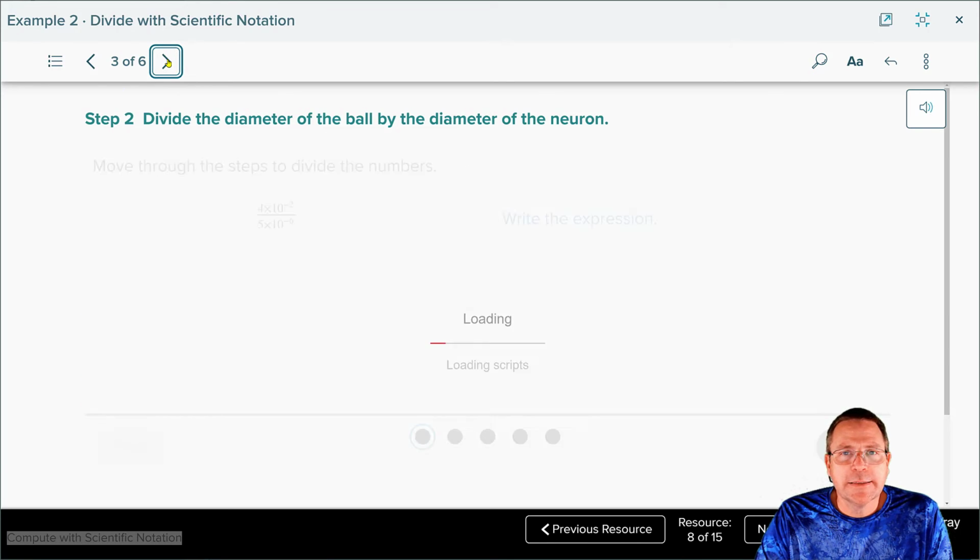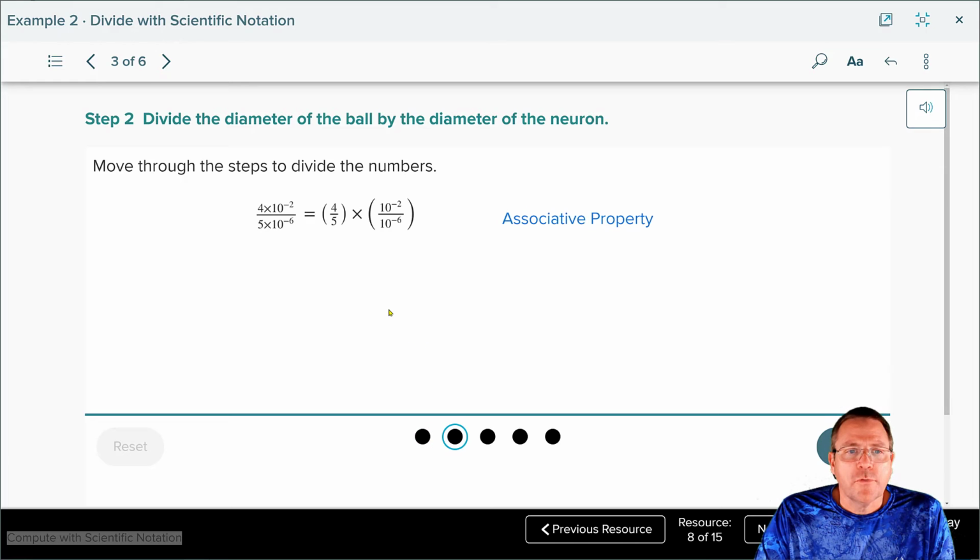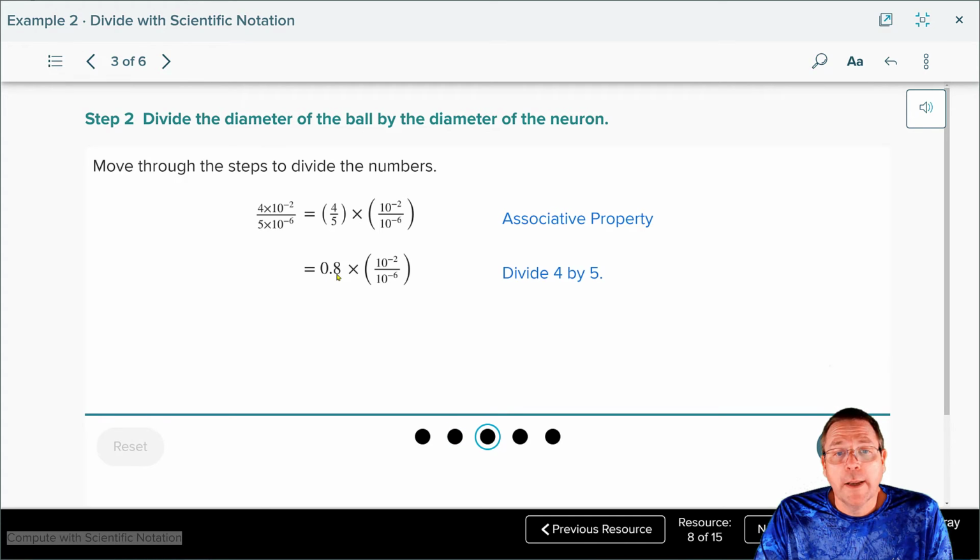From there, we're going to set up our division problem where we have the tennis ball divided by the neuron. Move through your slides here, and they've broken it down as the 4 divided by 5 times the 10 to the -2 divided by 10 to the -6. 4 divided by 5 is 0.8, and in that same step I would have done times 10 to the -2 minus a -6, because remember, when you're dividing, the quotient of powers property says when you divide exponents, you subtract them.